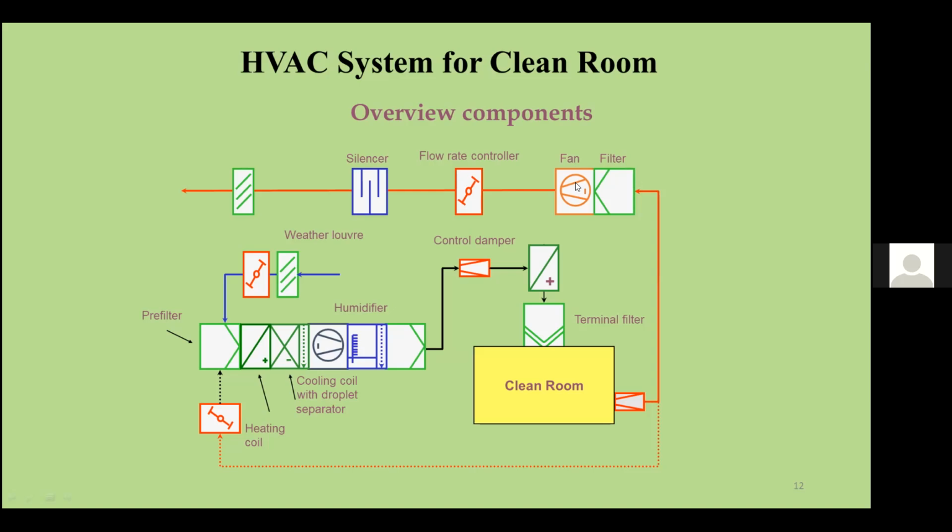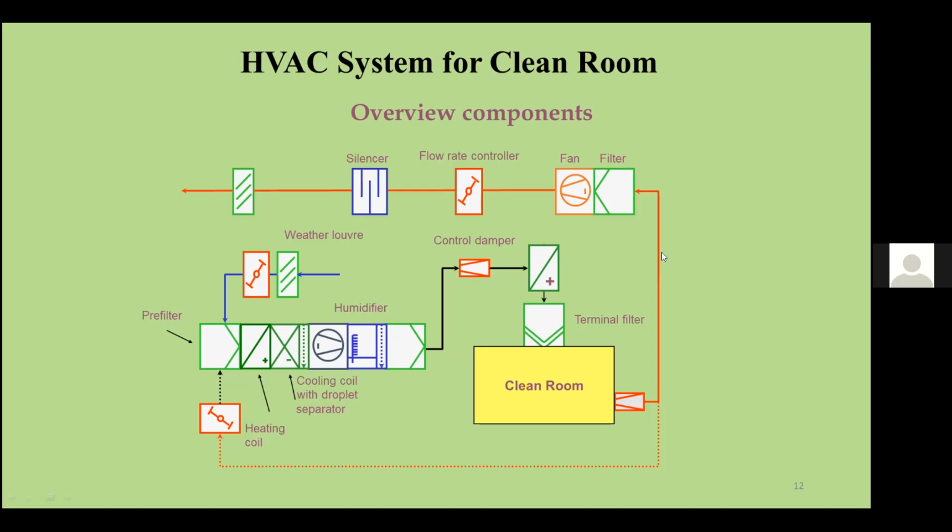Suppose the gas is more hazardous, so in that silencer we put the gas through some particular water or chemicals, it passes through that chemical and is diluted, and after that the gas is put into the environment. That way we can reduce the contamination gas or hazardous gas from the clean room.